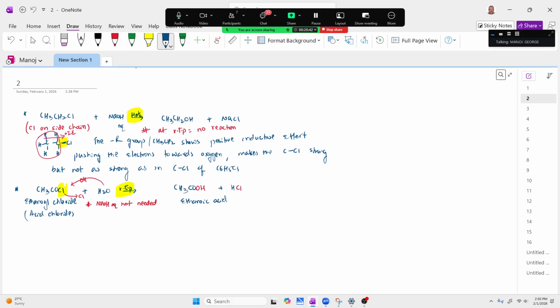In case you want to understand this further, all you have to do is look at the structure here. We are talking of CH3COCl, correct? We have to understand why this C-Cl bond is very weak.